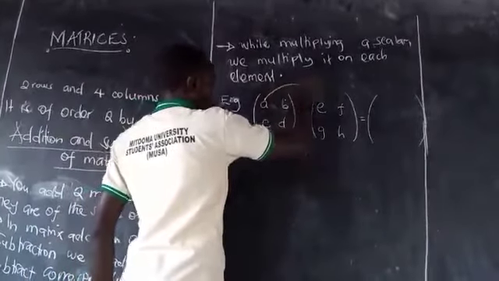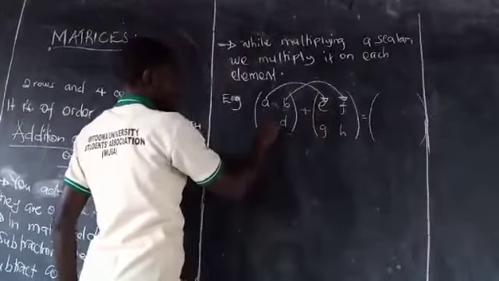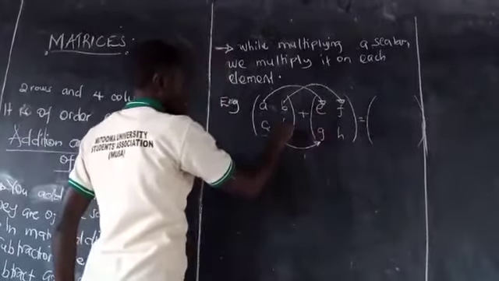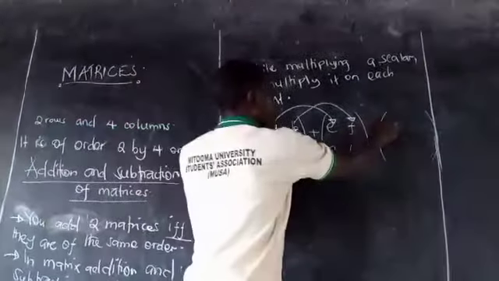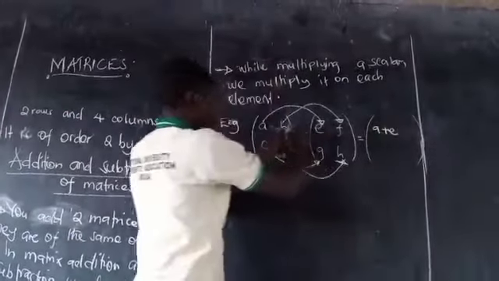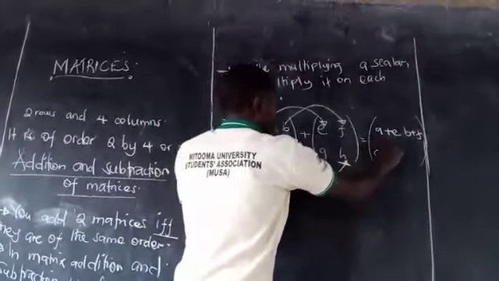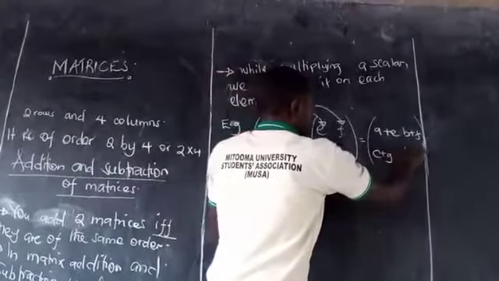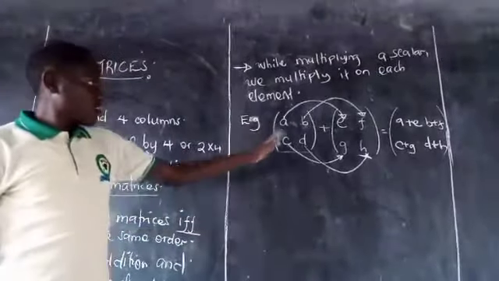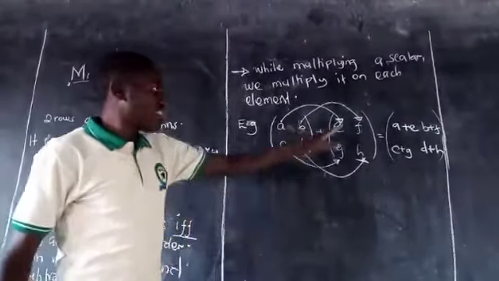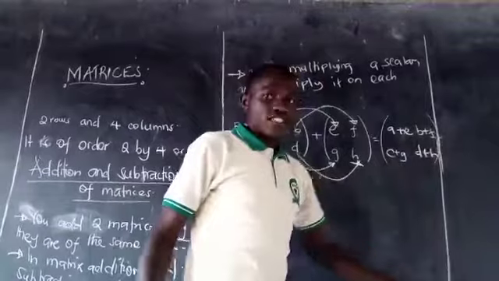Therefore, a corresponds to e, b corresponds to f, c corresponds to g, and d corresponds to h. So in addition, we shall have a plus e, and b plus f, then c plus g, and d plus h. That is it. This matrix is a 2 by 2 matrix, this is a 2 by 2 matrix, and this is a 2 by 2 matrix.